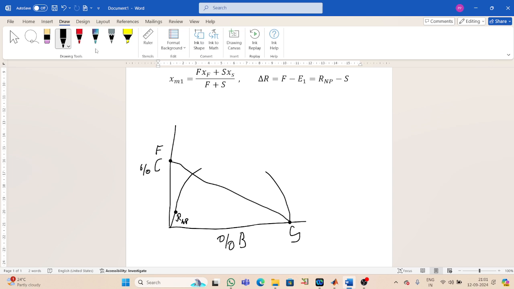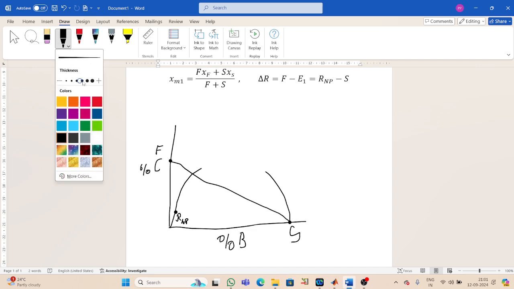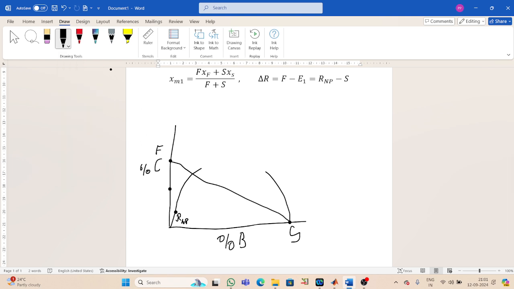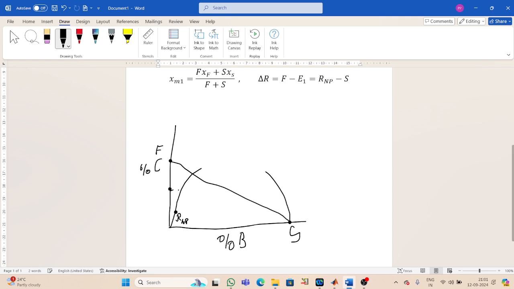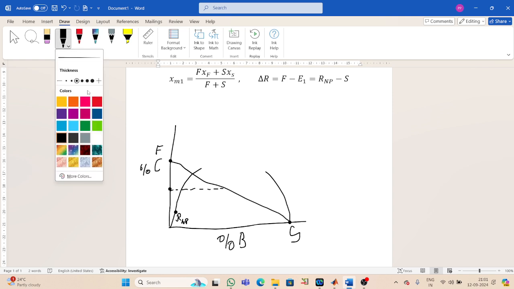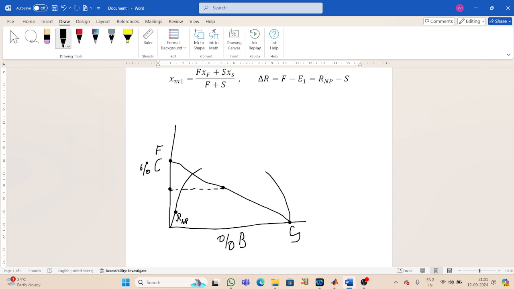We'll find this xM1 and plot that on the graph as I'll show now. xM1 will be somewhere here, and we will join it to the FS line. And here we get the M.